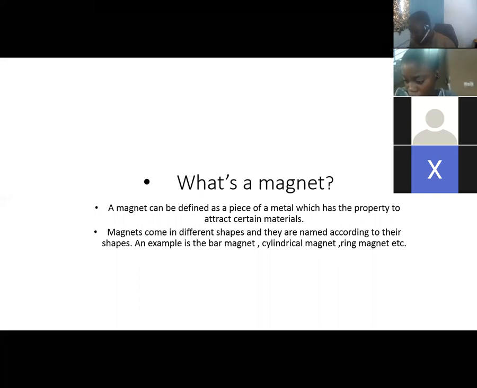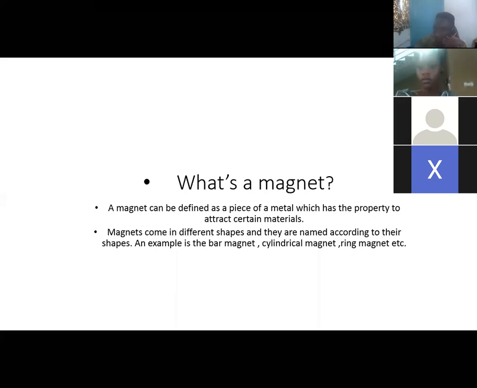A magnet is a material that attracts metallic objects. Okay. So you are all basing your definition on attraction and repulsion. That means these two things are properties of a magnet.